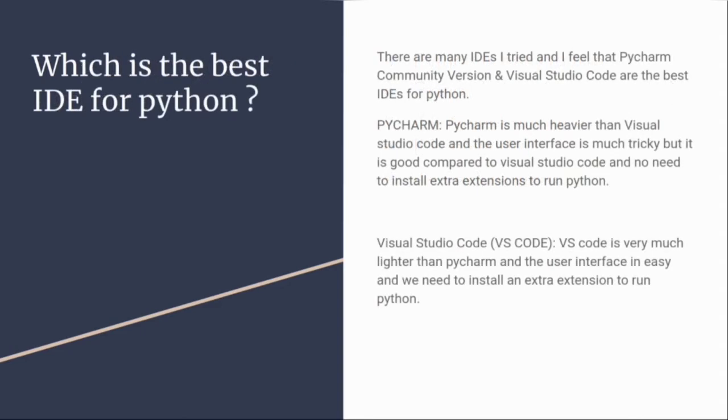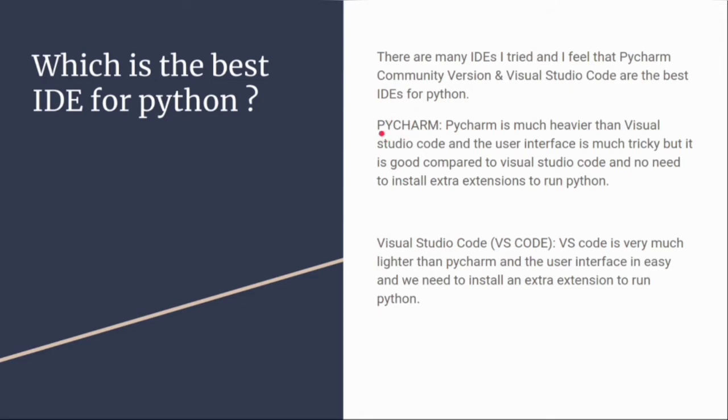Which is the best IDE for Python? There are many IDEs I tried, and I feel that the PyCharm community version and Visual Studio Code are the best IDEs for Python. I've tried many IDEs like Kite, Atom, PyCharm, VS Code, and Sublime Text.